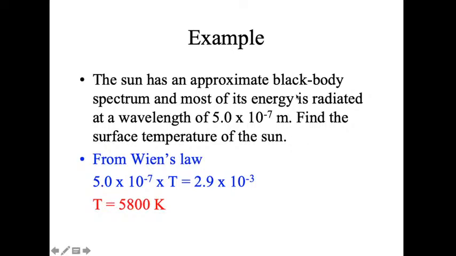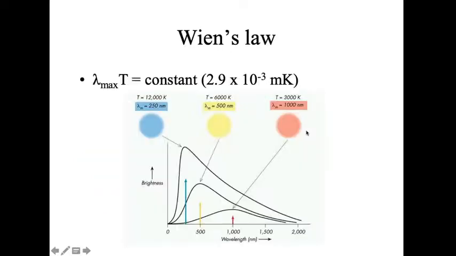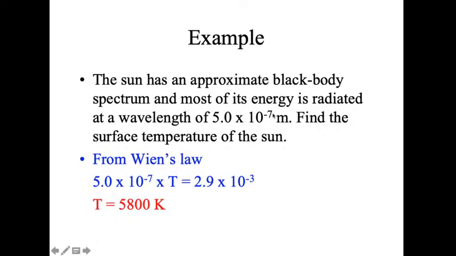So the sun is approximately a black body spectrum, and most of its energy is radiated at this wavelength, 5 times 10 to the negative 7 meters, which would be about 500 nanometers. And if we go back here, that's yellow, which makes sense because the sun kind of appears yellow to us.